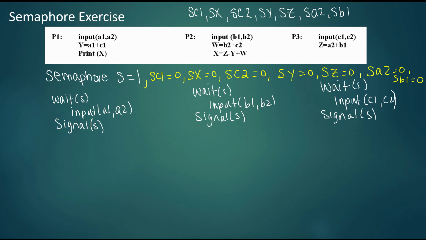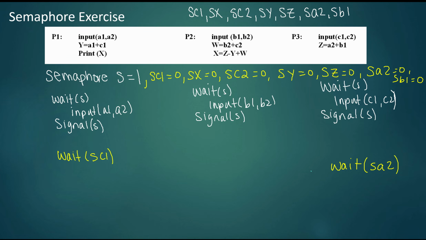Now, let's take a look at P1. P1 needs to wait to get C1. So P1 is going to have a wait here for SC1. Now, the other thing is that P3 is also going to wait for P1, so it's going to have a wait here for SA2.